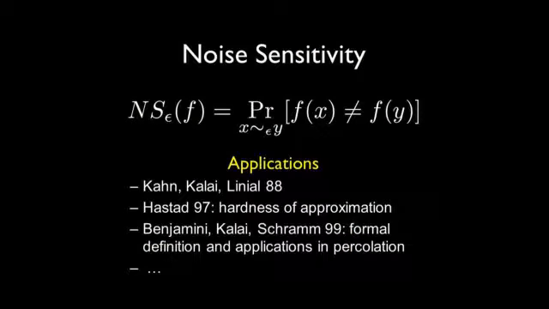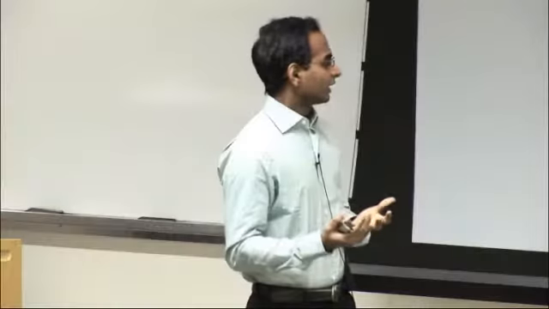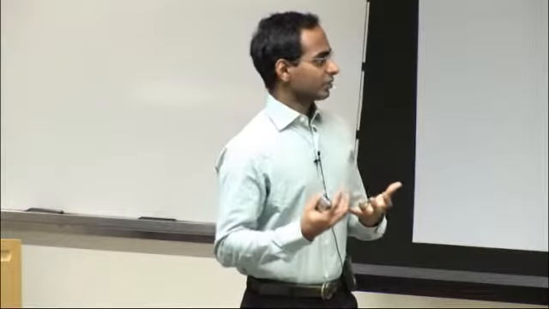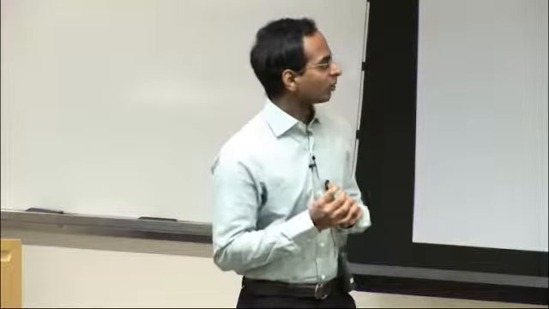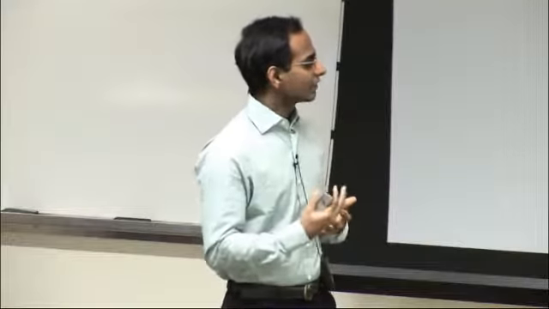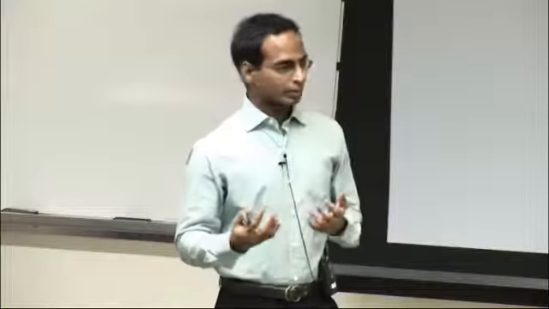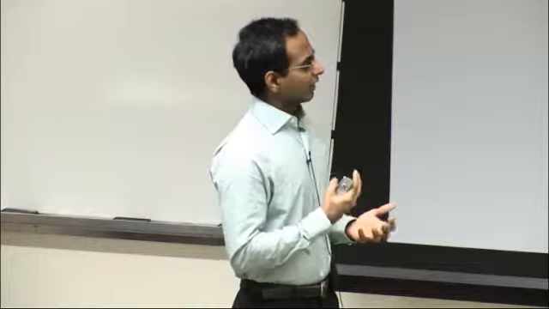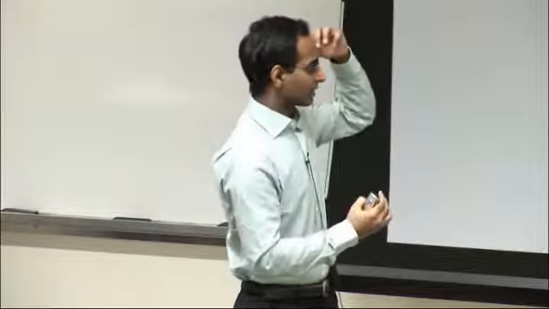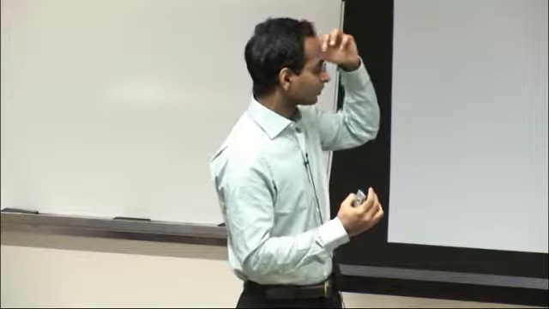So it has many applications in analysis of Boolean functions, starting with the work of Kahn, Kalai, and Linial, who implicitly use it to show some Fourier concentration properties. Hastad in '97, who used it to show some optimal inapproximability results. Benjamini, Kalai, and Schramm, who formally, I think that's the first place it was formally defined, and also used it for some questions in percolation and so on.